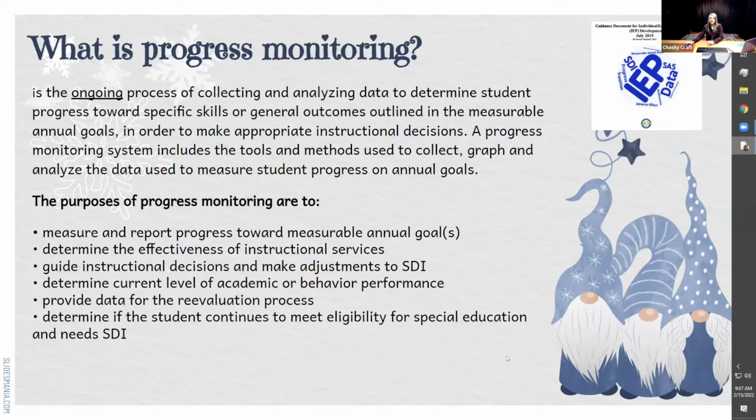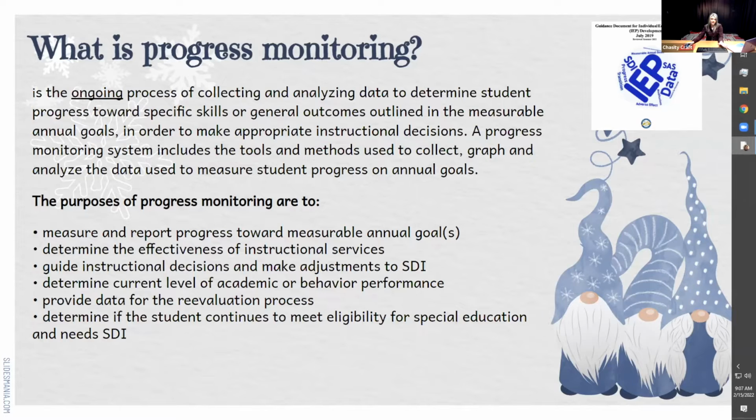This is going to be helpful because, first of all, you know where they are, so you'll know where to start teaching. And also when you're writing your IEP on your present level performance, this is crucial. If it's academic, or under the social emotional with the behavior piece, it tells you exactly where they are.